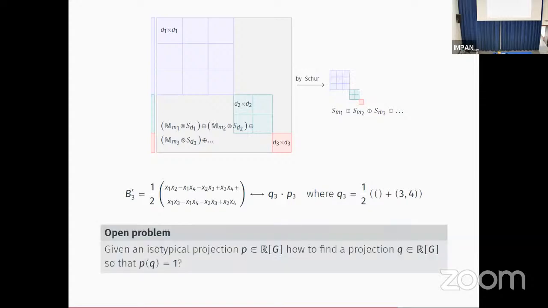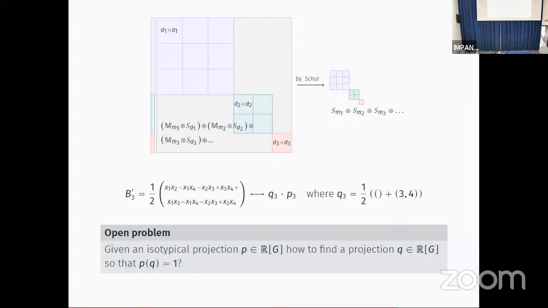Okay, so here's an open problem, because somehow I found this projection, but I actually don't know how to do it in general form. So if you're interested in computation with finite groups, like GAP, for example, you can do it with that or something else.